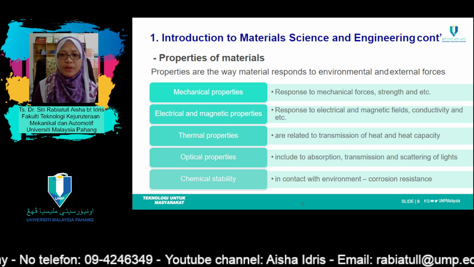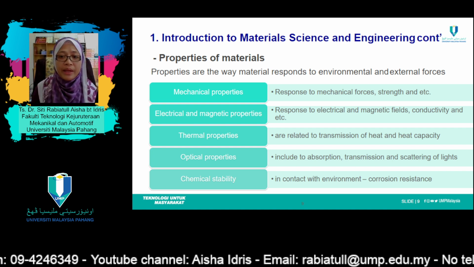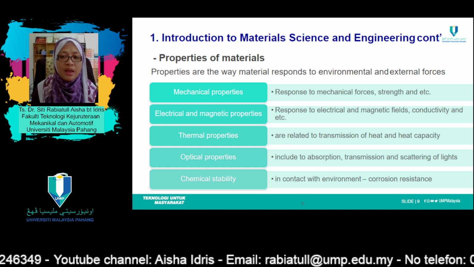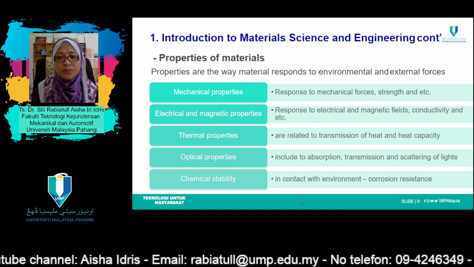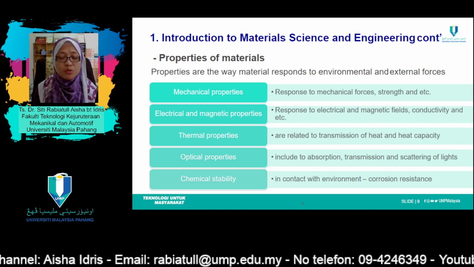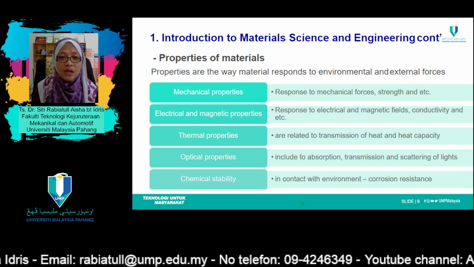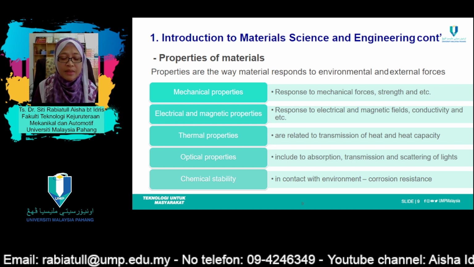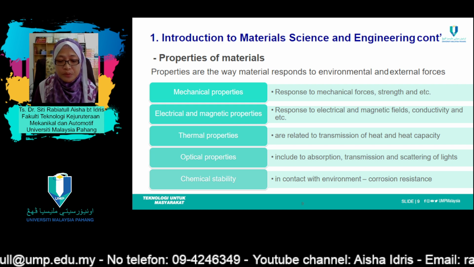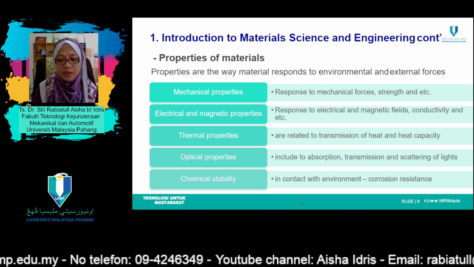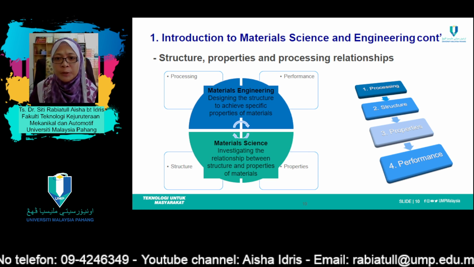Other than that, we need to understand the properties of the materials, for example mechanical, electrical, magnetic, thermal, optical, and chemical stability. These properties are very important for us to understand, and different types of materials have different types of properties, and therefore we need to understand them in order to produce a good final product.